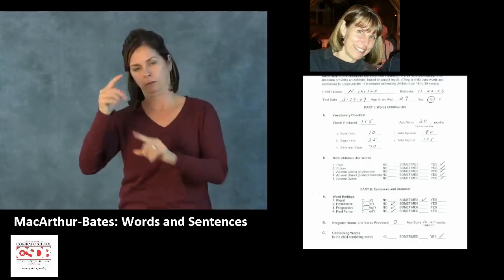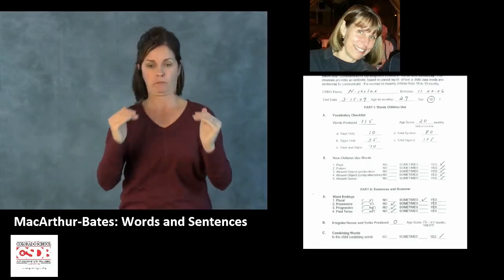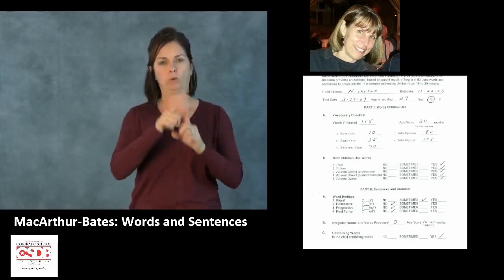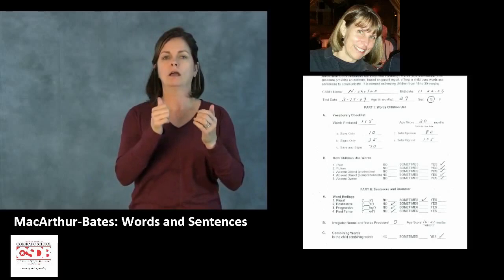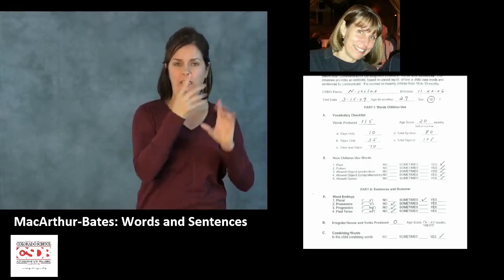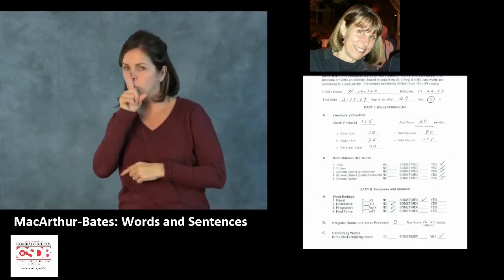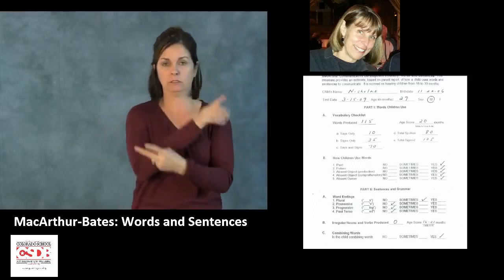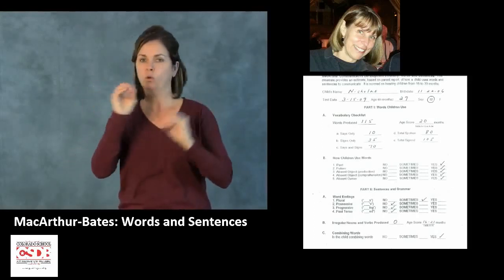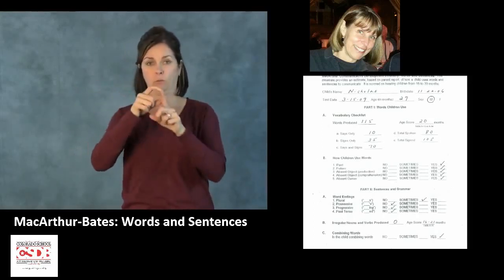Just below that on the summary sheet, we've broken down the number of words that Nicholas produces in different modalities. So Nicholas is saying 10 words, but not signing them. He's producing 35 words in sign language, but without speech. And then he has 70 words that he's both saying and signing.